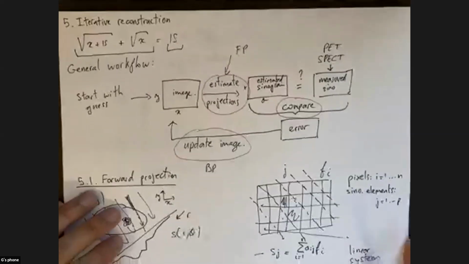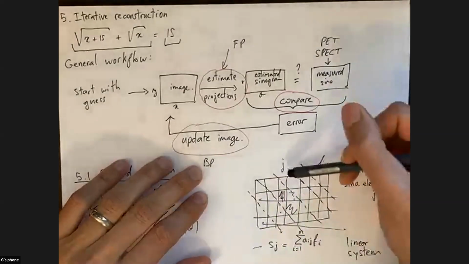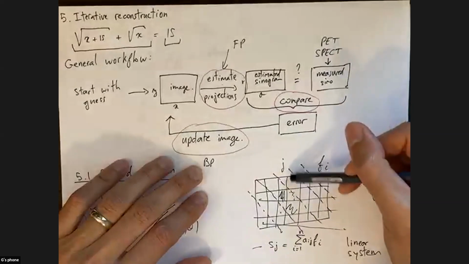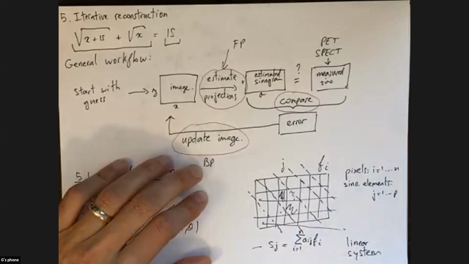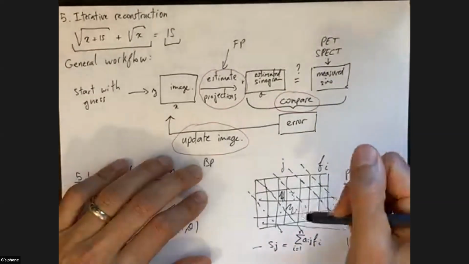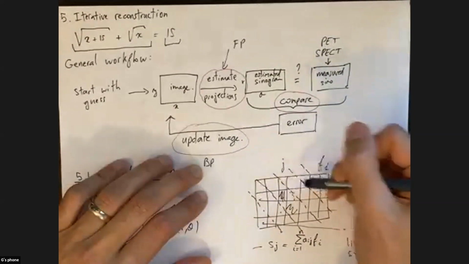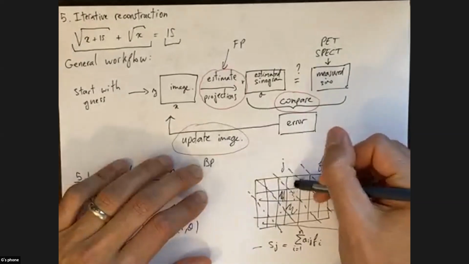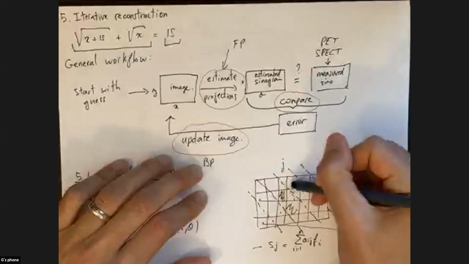So we talked about forward projection, which is basically following the line, reading out the pixel values and summing them using a sum formula, right? When we do back projection, it's the transpose, but in terms of the actual computer work of doing the operation, we're still following the line, but instead of reading the pixels and summing them up, we are writing values into the pixels and adding up.